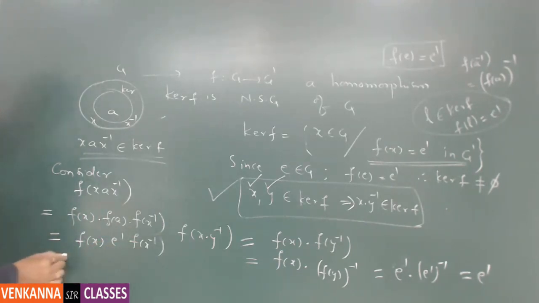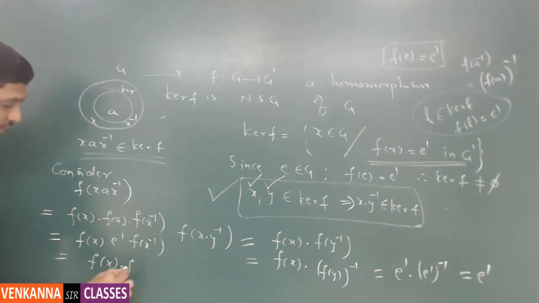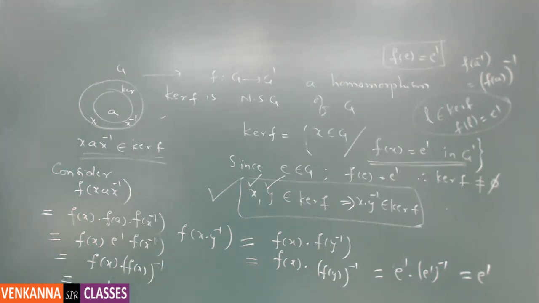So this is f of x into f of x whole inverse. This is identity, because whenever you multiply an element and its inverse together, you get identity. Therefore, this value belongs to the kernel, hence it is a normal subgroup. So please take a note of that.